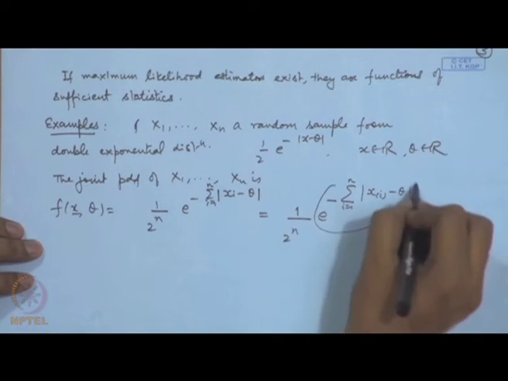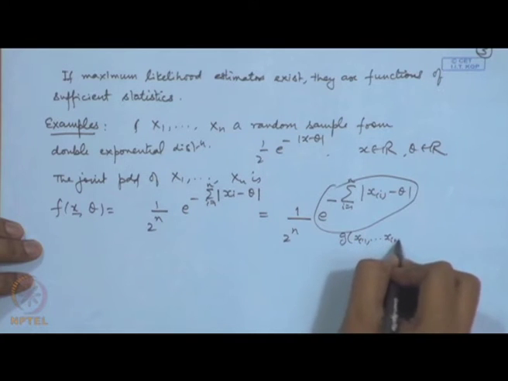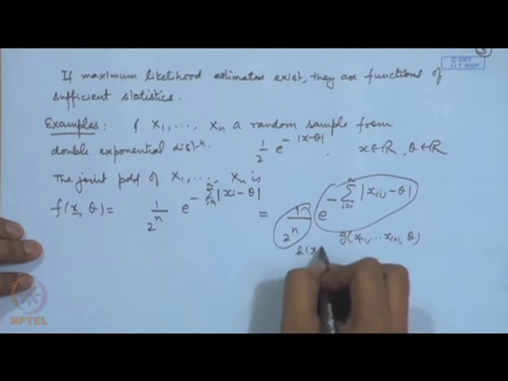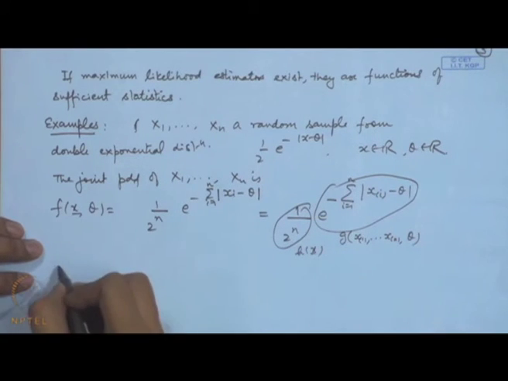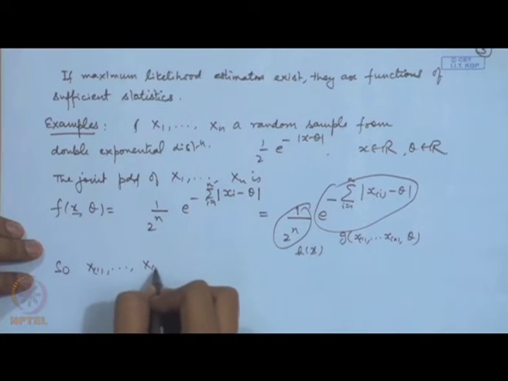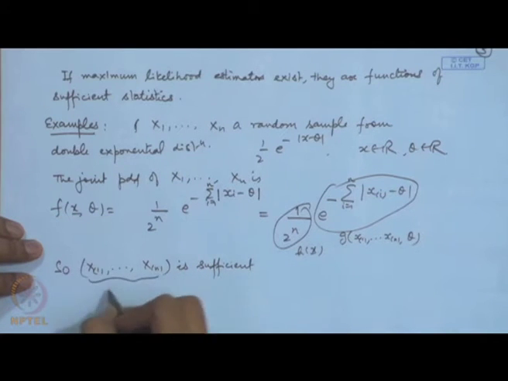So, this function is now a function of the order statistics and theta, and this we can call h x. So, we conclude that the order statistics x1, x2, xn is sufficient. This order statistics.